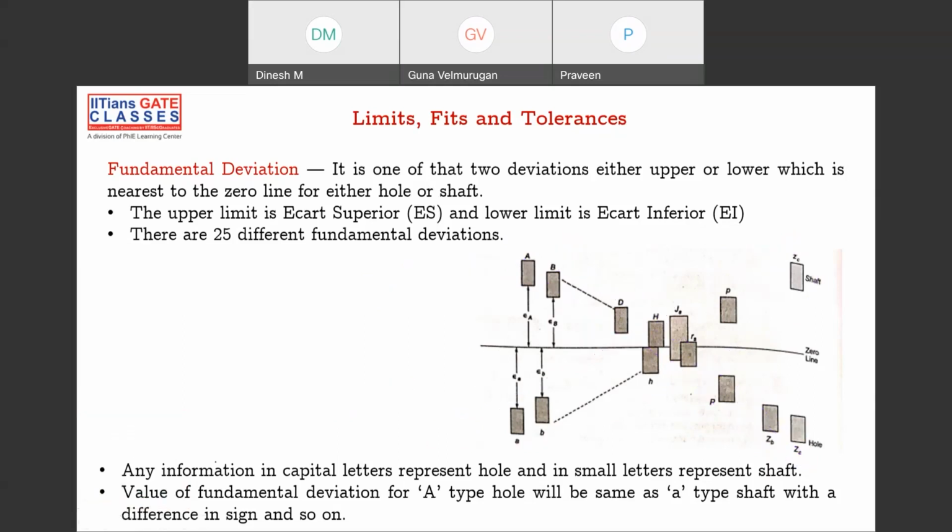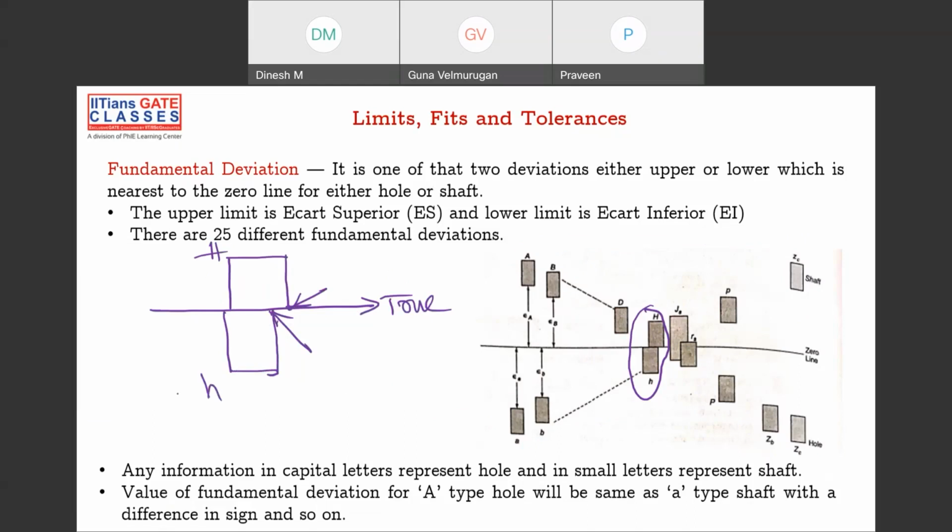And somewhere at the H standard, you see that this is your basic line, this is your hole, and this is your shaft. The minimum size of the hole and the maximum size of the shaft meet here, and that too at the true value. This is your H system. If somebody asks in the exam about the H system, this is the important thing they'll follow.